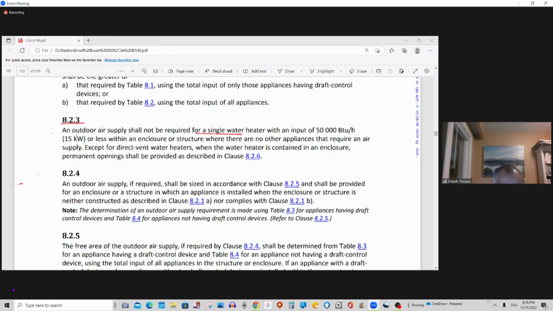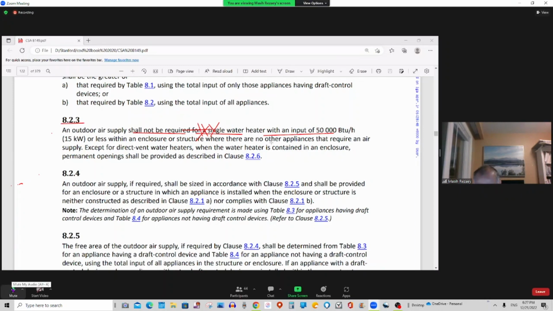Here it is: an outdoor air supply shall not be required for a single, not married, a single, only one water heater up to 50,000 or less. So if you have a hot water tank only, 50,000 or less, and it is in the house, it doesn't require combustion air.